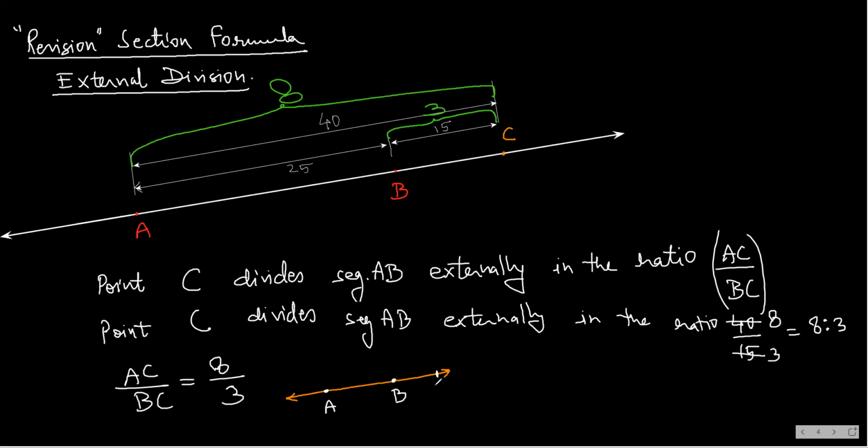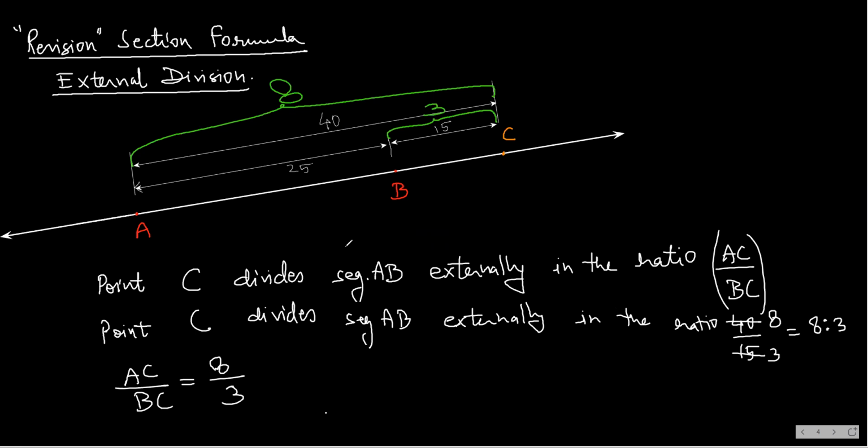Now I can say AC is bigger and BC is smaller. So this is 8 and this is 3. 8 is to 3. I hope I made this part clear. So when you read the ratio and the statement, you can decide which side the point of division would be.